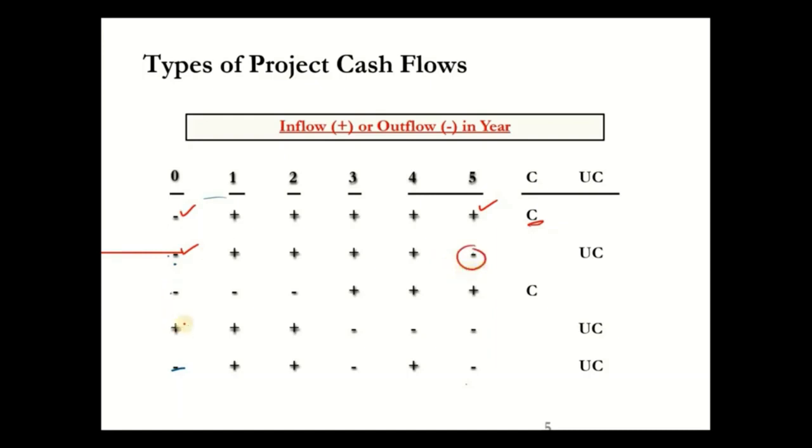It should be positive, right? Here, it is negative at the start and positive at the end, so it is conventional, right? If it is positive at the start, it is unconventional, no need to look at the coming years' cash flows. Here it is negative, so it can be conventional or unconventional, but if we go to the last year, it is negative, so it is straight away unconventional.